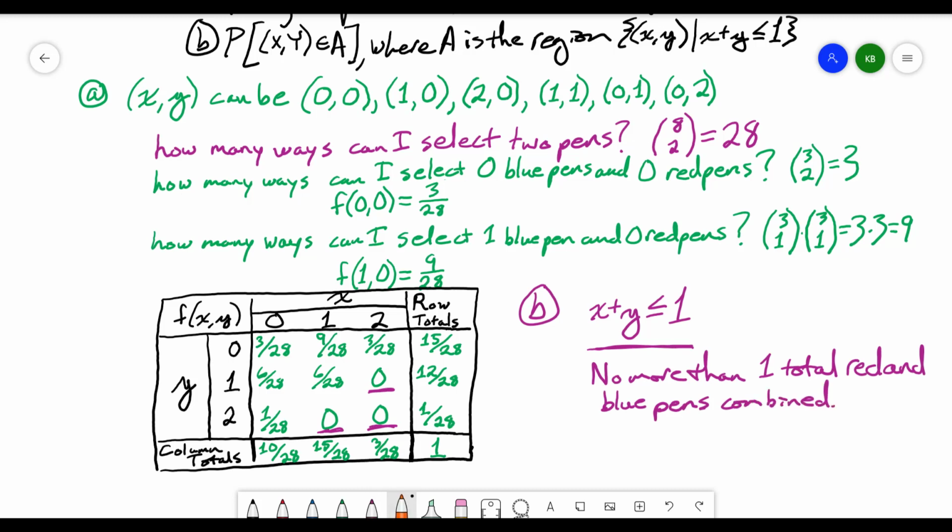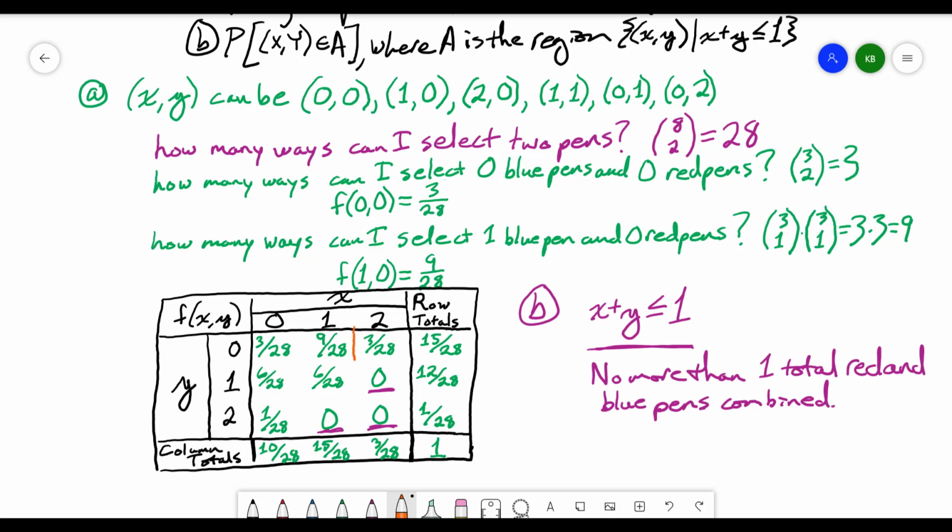So then I can look in my probability density function and see what satisfies this. So in my probability density function, if I have x is 2, then I'm going to have 2 blue pens, which does not satisfy the bound that I have for my random variables. So I need x to be at most 1.